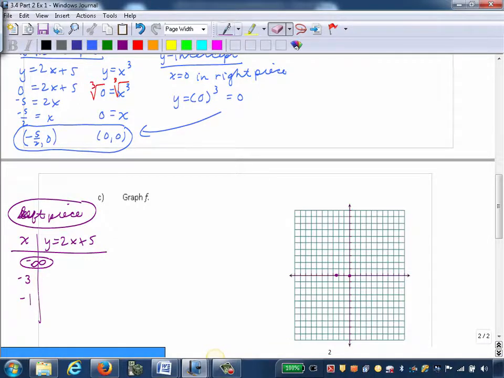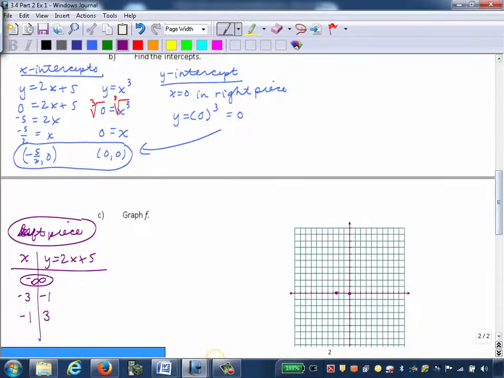If I put a negative 3 into my function, 2 times negative 3 is negative 6, plus 5 is negative 1. If I substitute a negative 1 for x, 2 times negative 1 is negative 2, plus 5 is 3.